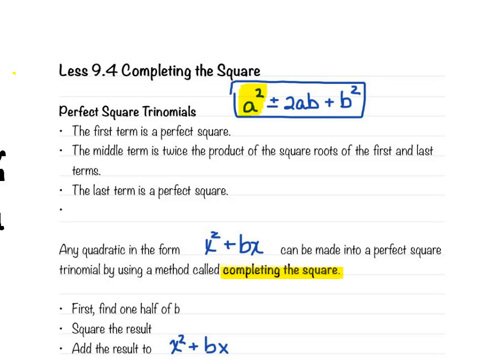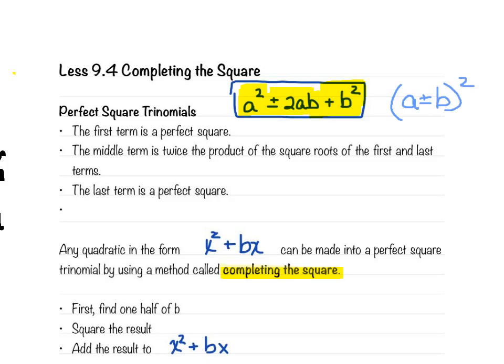The middle term is twice the product of the square roots of the first and the last term, and the last term is a perfect square. And you may recall that the factors of a perfect square trinomial in this case would be a plus or minus b, squared.